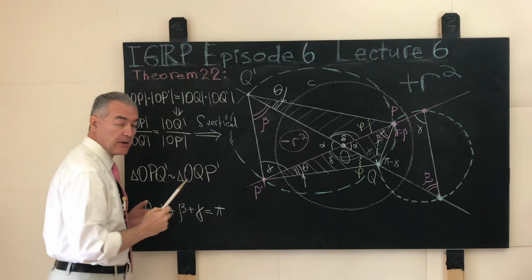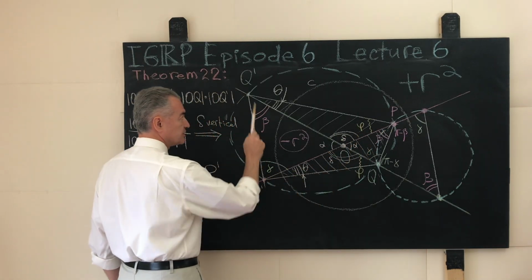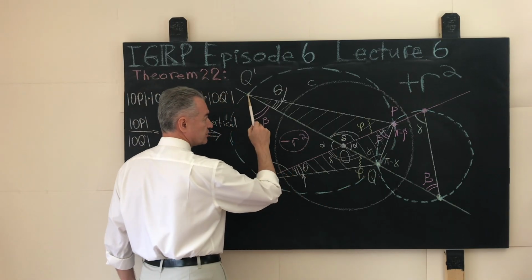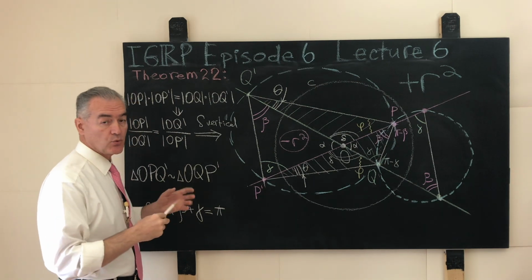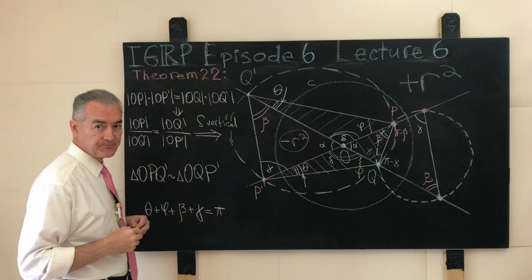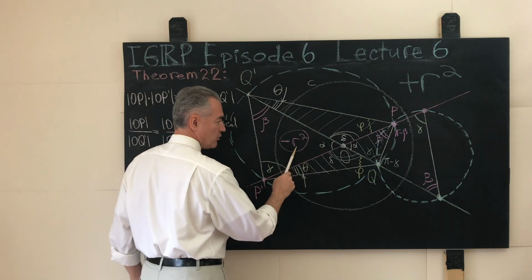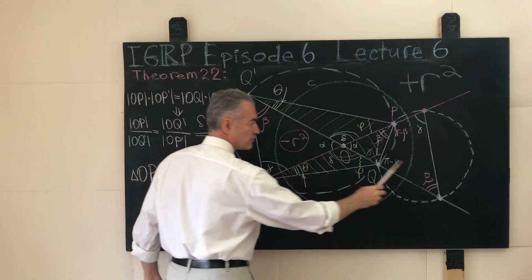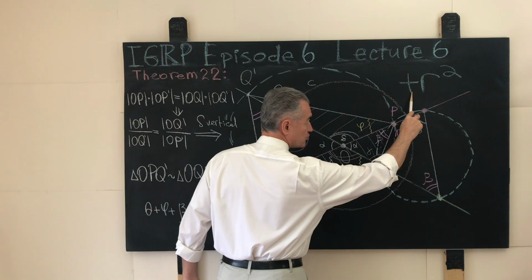So if the magnitudes of the opposite angles in the quadrilateral sum to precisely pi radians, what does that mean? That means precisely that this quadrilateral is cyclic. It means that the 4 points at hand are concyclic, and that means that even when the power of inversion is negative, still we have a property similar to the one when the power of inversion was positive.